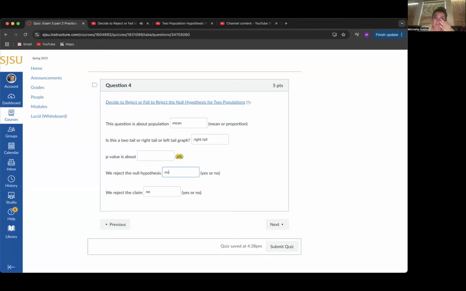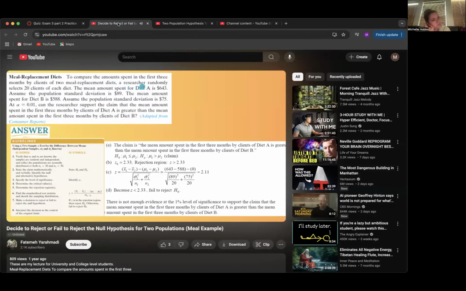So look for the claim. Where is the claim? You have a researcher who randomly selected clients, and then that researcher says that the mean amount spent in the first 3 months by clients on diet A is greater than.